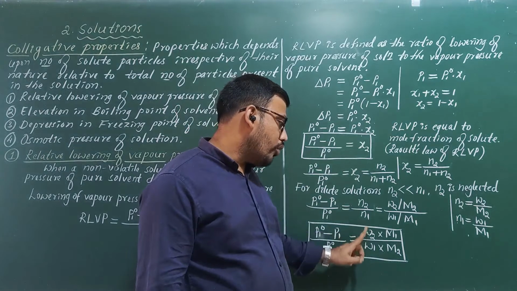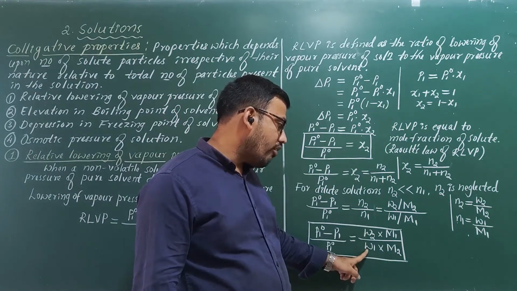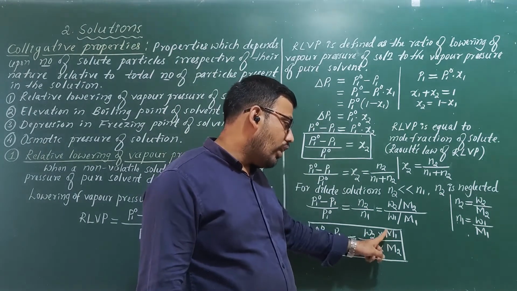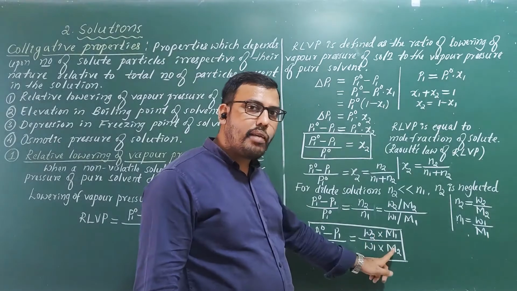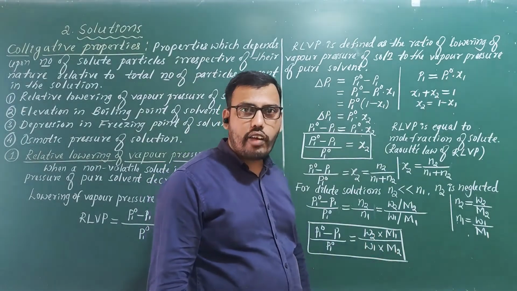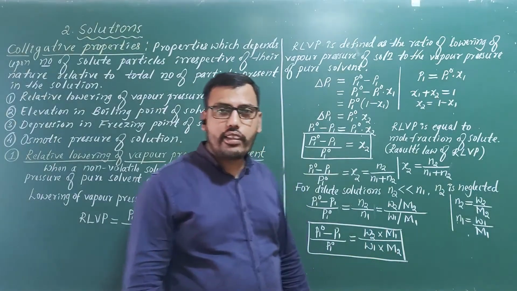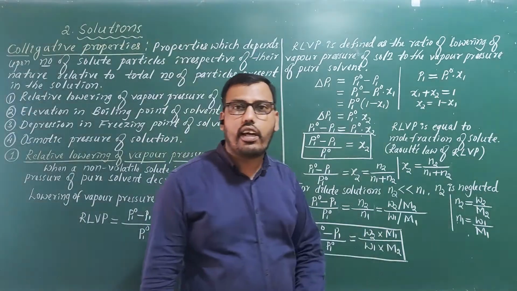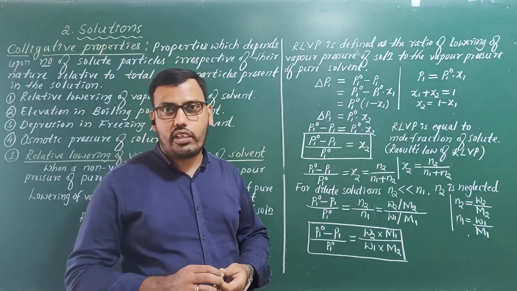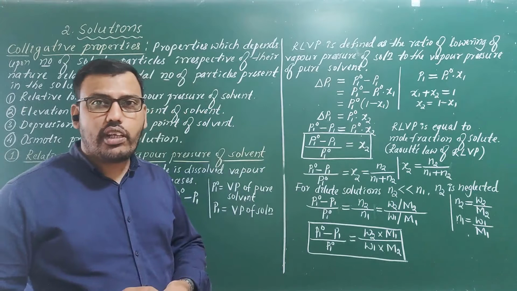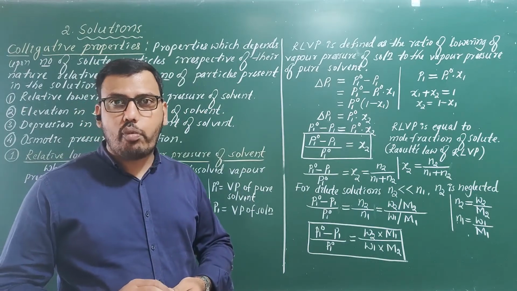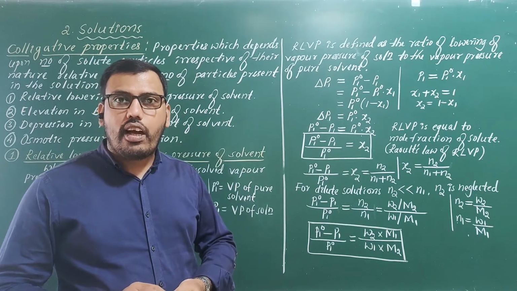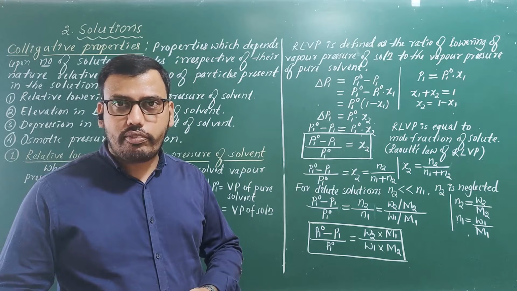M1 is the molar mass of solvent and M2 is the molar mass of solute. By knowing all the other things, you can calculate the M2 value, that is the molar mass of solute calculation. Calculation of molar mass of solute are well known problems.